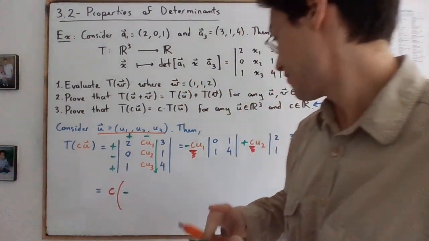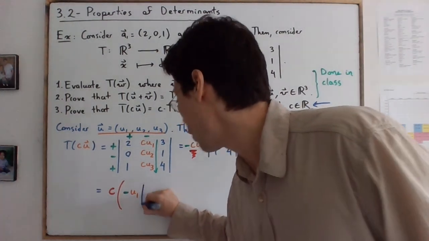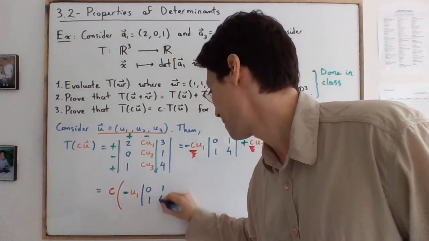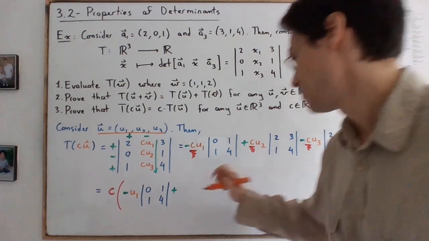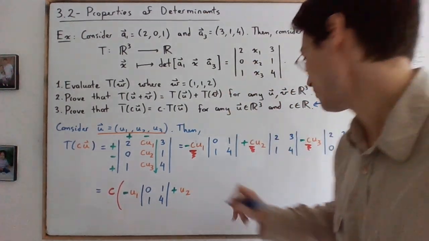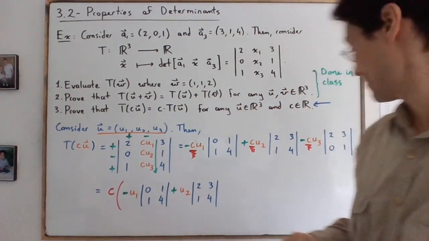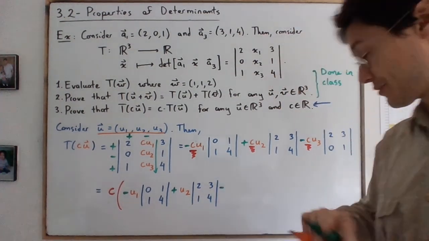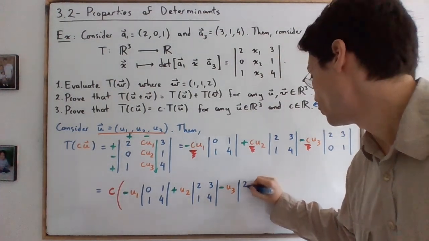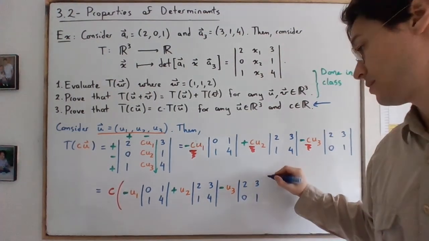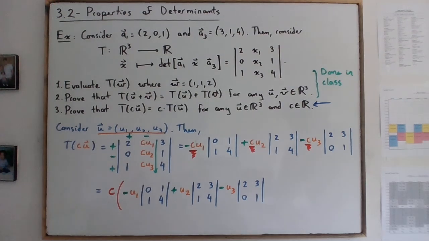So I'm going to have negative u1 times the determinant, and don't bother computing it, and you will see why. Although there's more than one way to do the proof, as I mentioned earlier. So plus u2 times the determinant 2, 3, 1, 4, and finally minus u3 times the determinant 2, 3, 0, 1. And let's close the bracket.